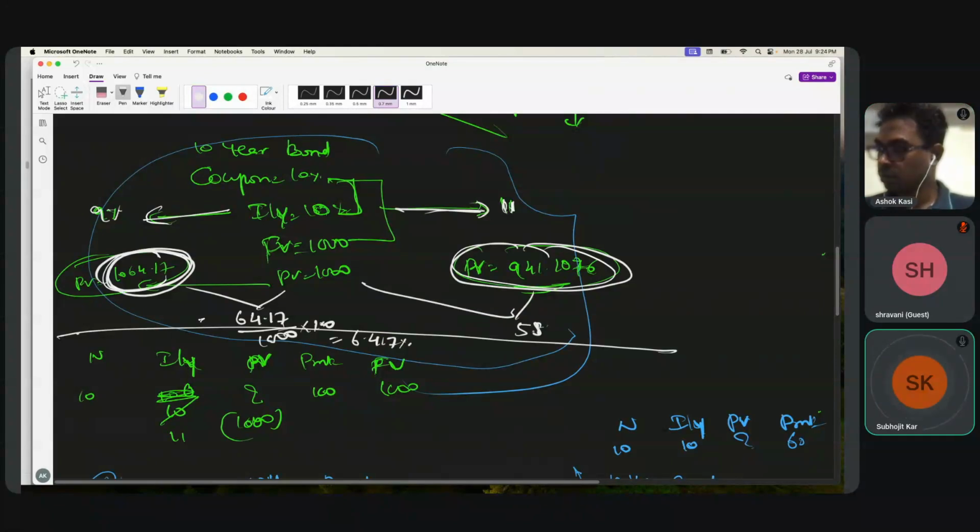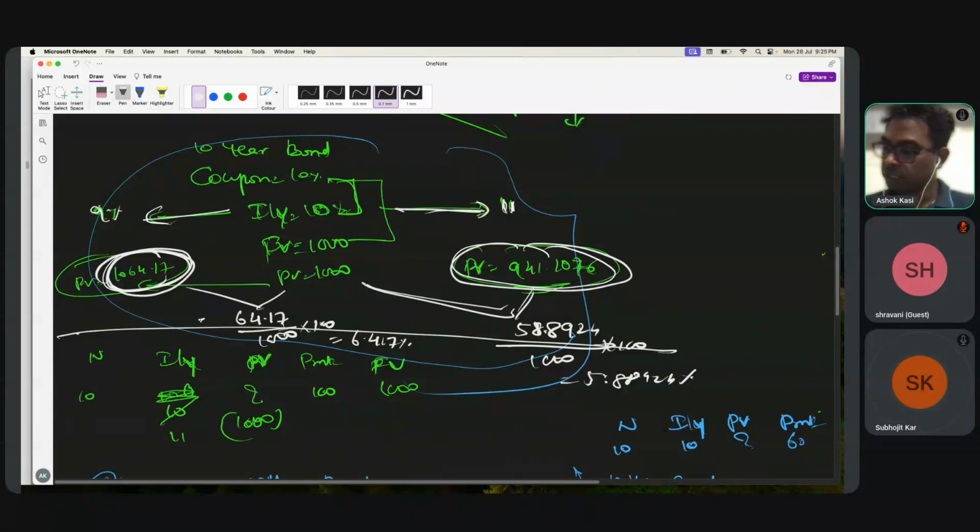Like I got the percentage 5.88924. Calculate the amount, 58.924, divided by 1000 into 100, you will get 5.88924. That means, again, when the interest rate is coming down, it is more sensitive.